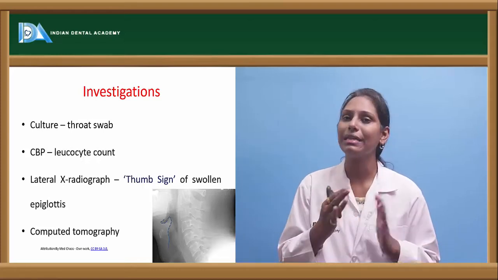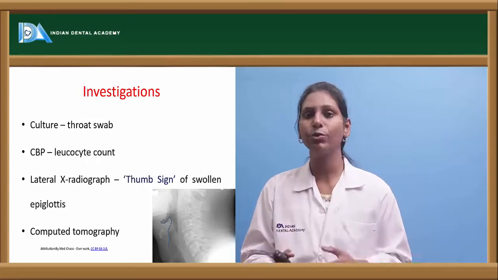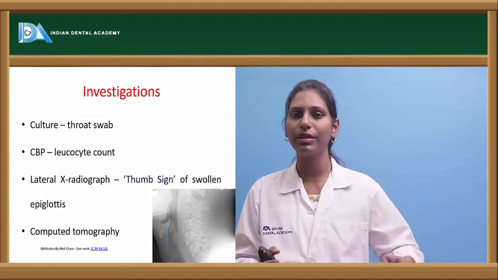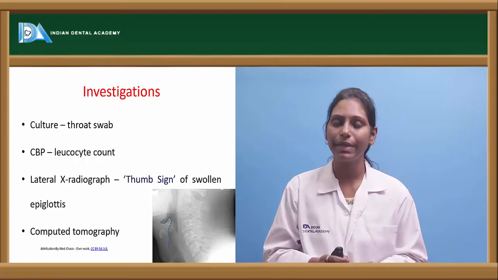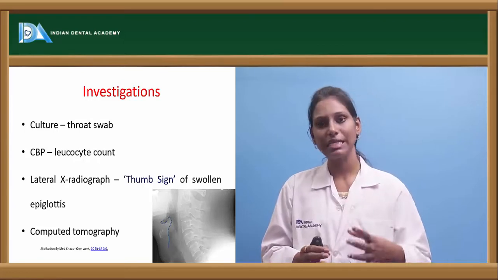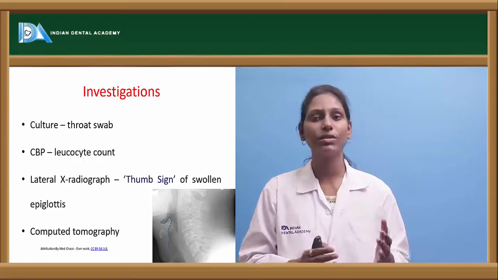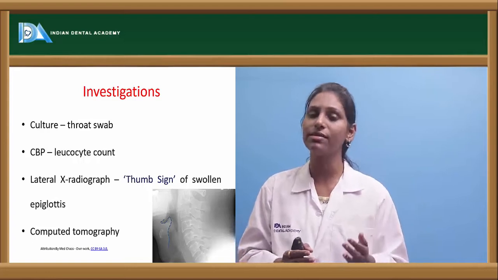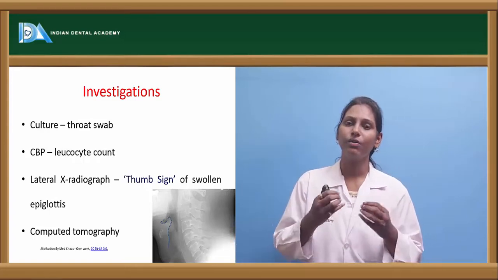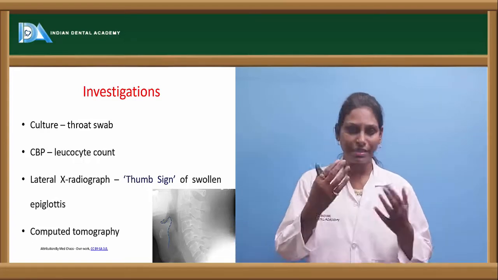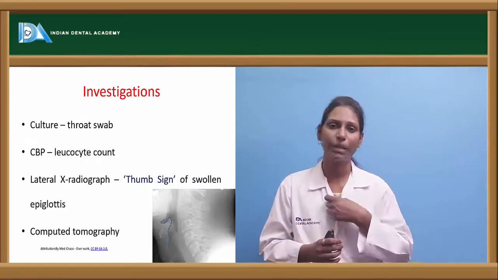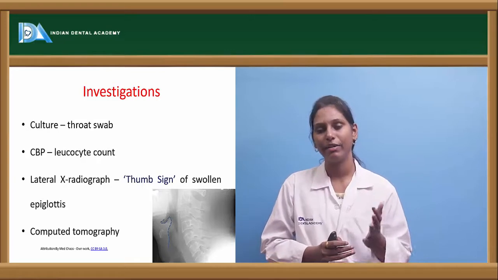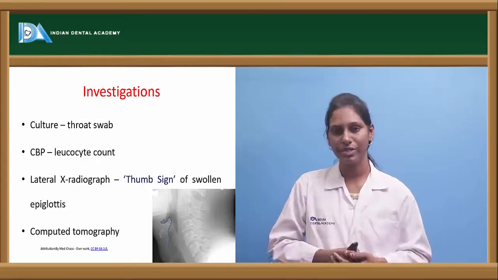Now coming to the investigations, what do we do before going into the diagnosis of these laryngeal infections? The most common one is a complete blood picture. If there is any infection, the leukocyte count will be elevated. When we have a doubt about diphtheria or any bacterial infection, we go ahead with a culture, where a throat swab is taken.